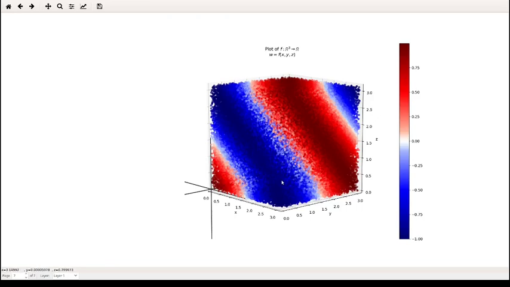And then as you move around in the domain, you get further away from -1 back to +1. And then as you get to the point pi, pi, pi, you get closer and closer to -1 again. That would correspond to cosine of pi plus pi plus pi, or cosine of 3 pi.